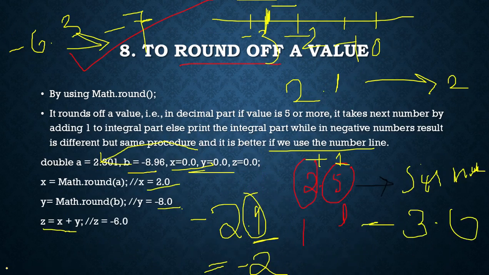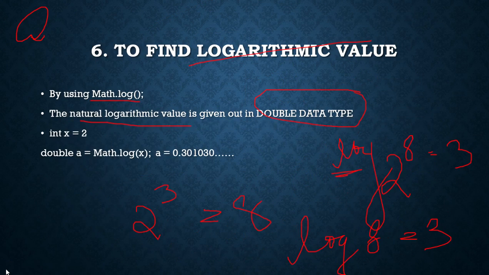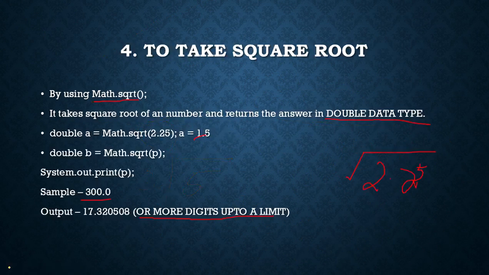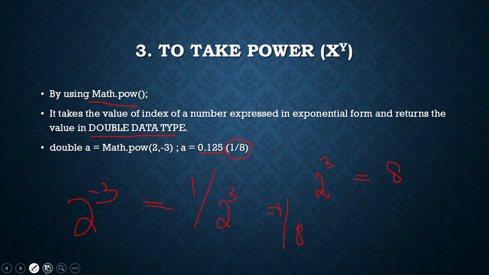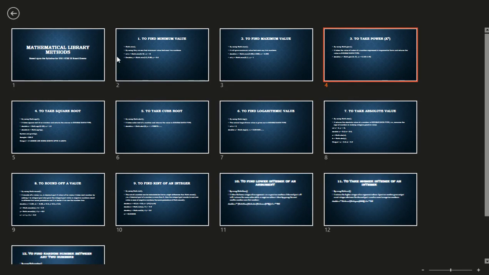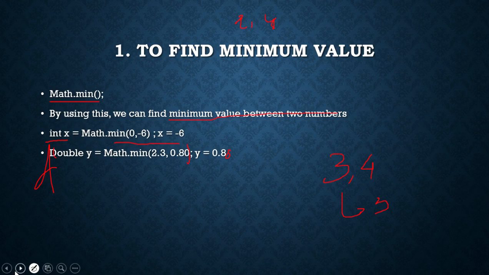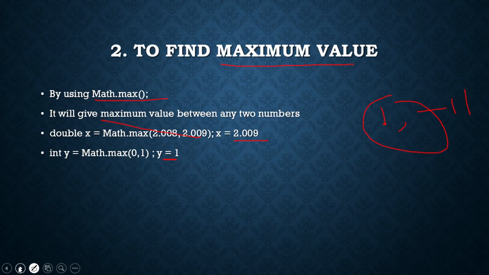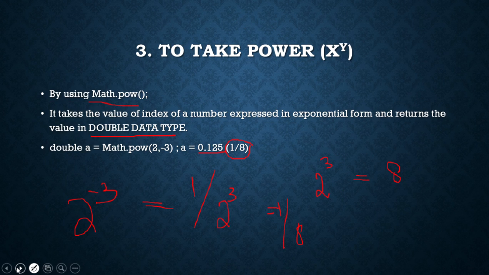We have learned many things in this chapter. Don't get confused with each and every one of them, because each and every one of them is important. Let us start from the beginning. First, we learn how to take the minimum value, then the maximum value, Math.max. Math.pow for taking power. If I take 2 comma minus 1, it means 2 raised to minus 1, which is 0.5.